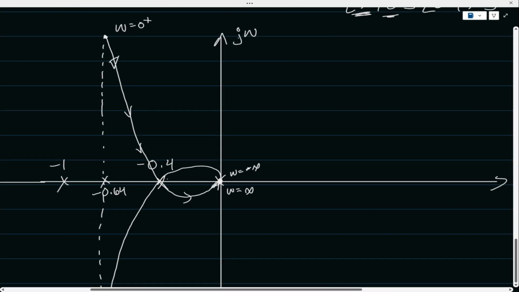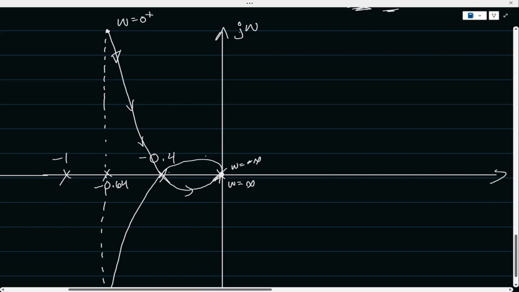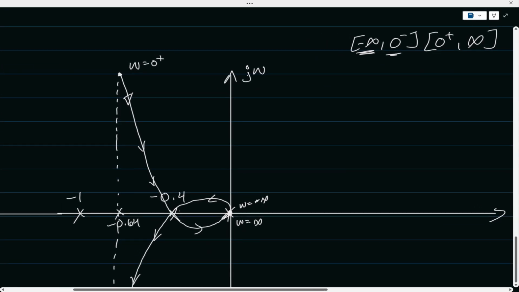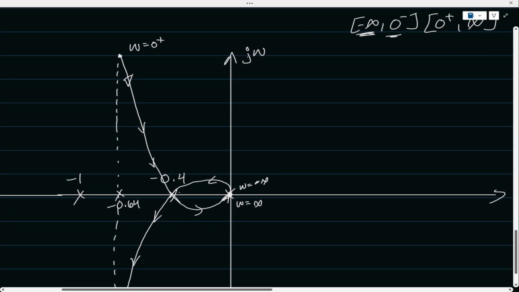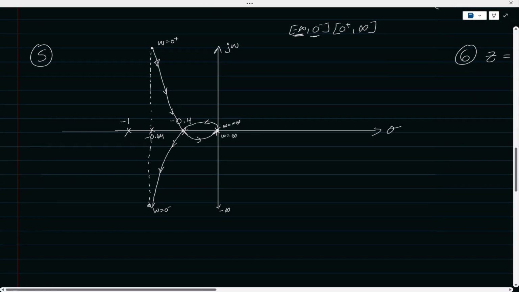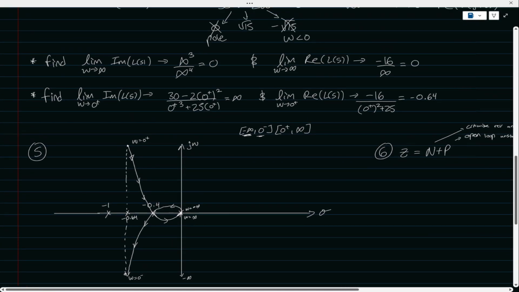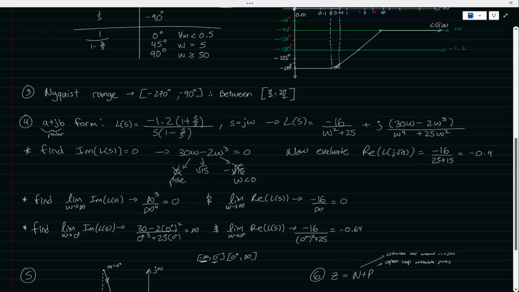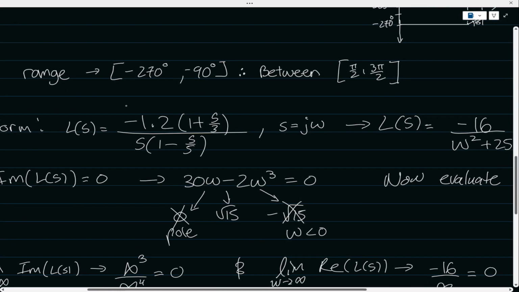So we went from negative infinity like this, negative infinity to 0 minus, and we went from omega equals 0 plus to omega equals infinity. So we have these arrows, right? Now, the last step for sketching the plot is look at the sign of the gain. It's negative.